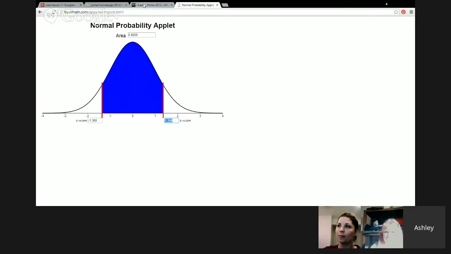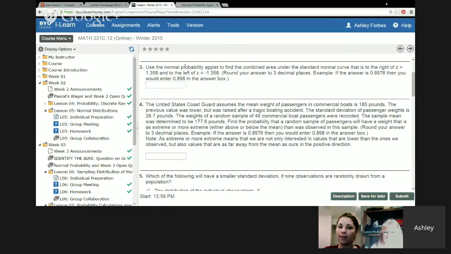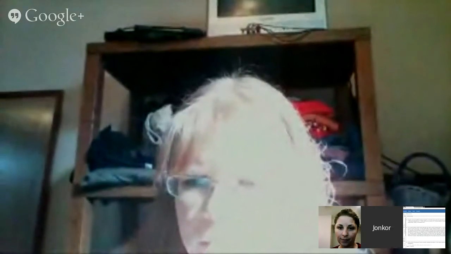Okay, and but where do we shade exactly? The whole thing? Middle. It says under the standard normal curve.